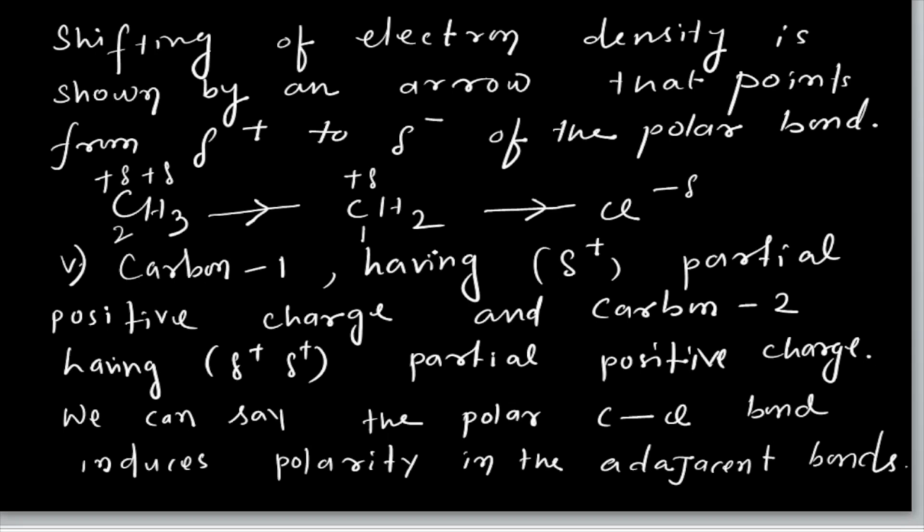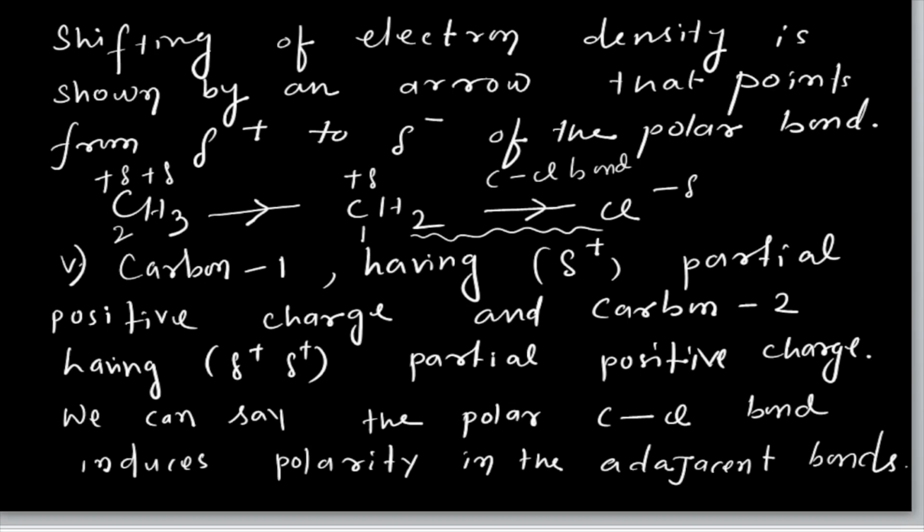We can say this is the CCl bond. And what happened here? This induces polarity to the adjacent carbon. If this is number 1, the electron moves towards chlorine, and now this polarity induces the second carbon, that is 2, where delta 2 plus is used.